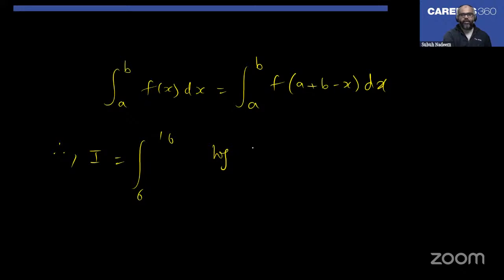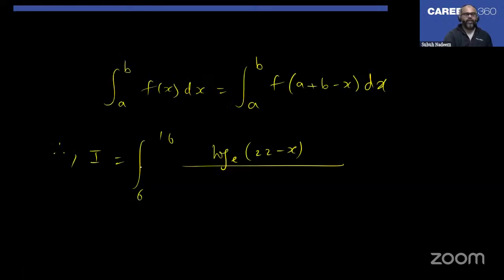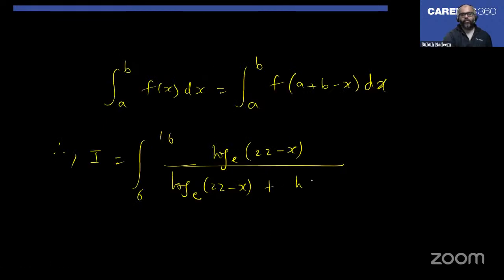That is 6 plus 16, 22 minus x to the base e. Here also x will be replaced by 22 minus x, so it will become log 22 minus x to the base e. And here also x will be replaced by 22 minus x. So 22 will get cancelled and we get log x to the base e, dx. So this is how we can write it.